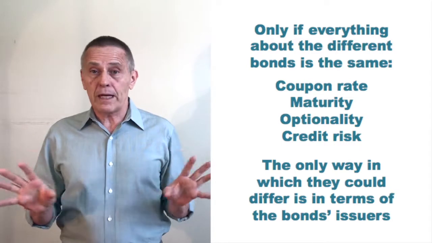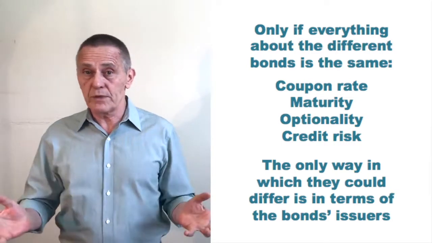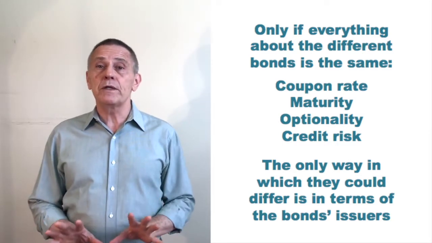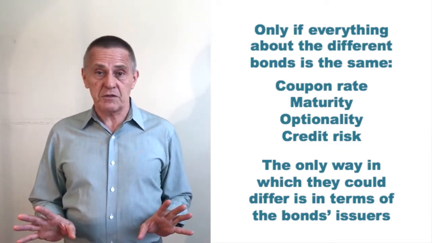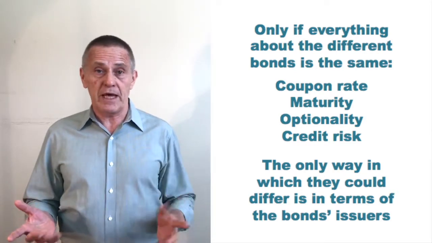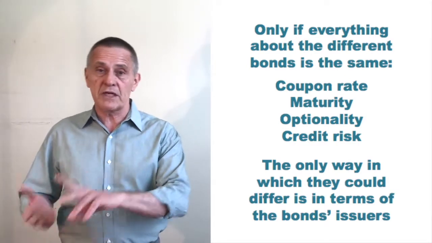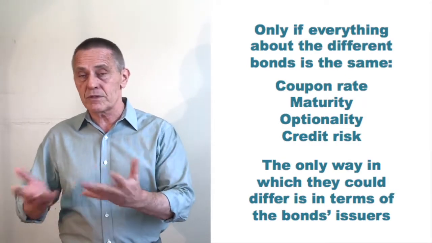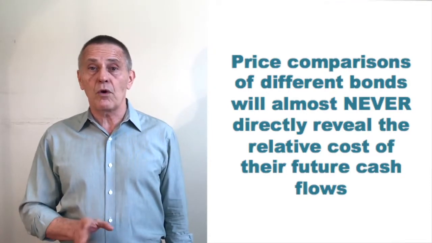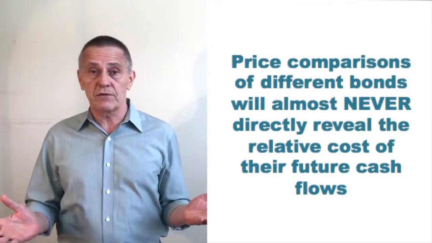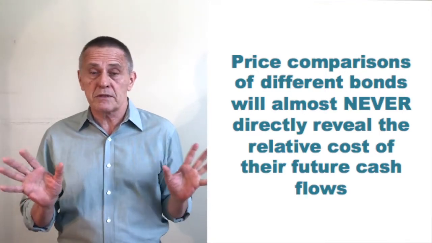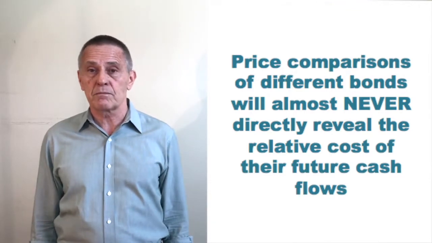But in all other regards of contract terms and relative risk, the bonds would have to be exactly the same. How often, when one is comparing a range of different investment opportunities in the fixed income market, does every one of the bonds you're comparing have the same coupon, same maturity, same embedded optionality, etc.? Never. Which means you can never understand the relative cost per dollar of future cash flow on different securities by comparing their market prices, whether expressed in dollars and cents or percent of par.